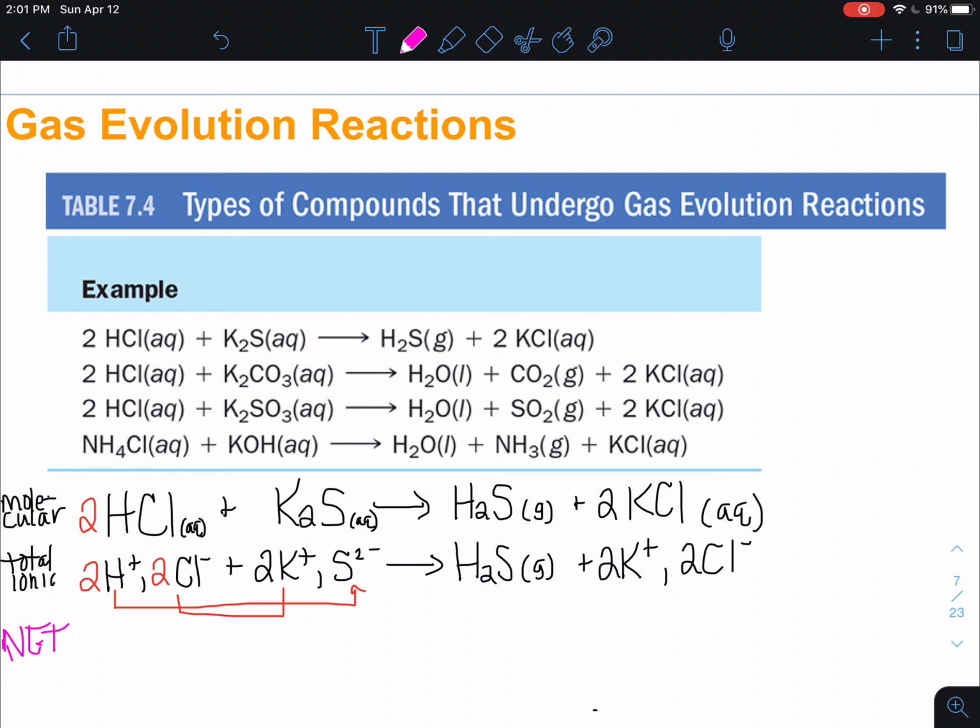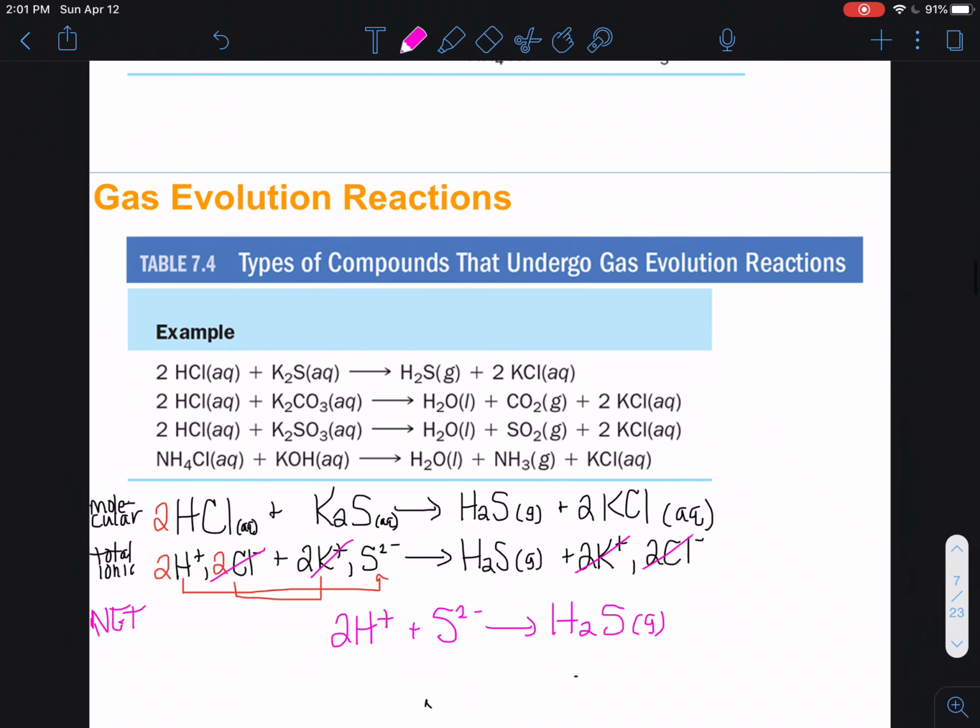Remember, we're going to remove all the spectator ions. So KCl, or Cl and potassium, gone. So my net is going to be 2H plus plus S2 minus goes to hydrogen sulfide gas. All right, so that's the first one. That's this one right here.